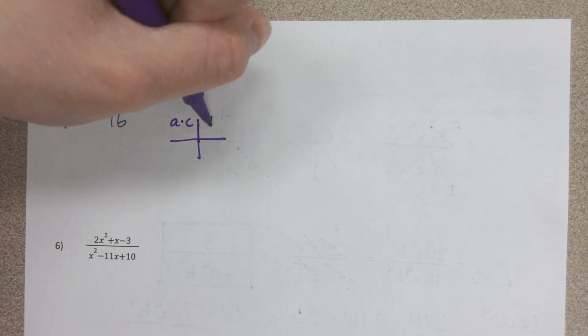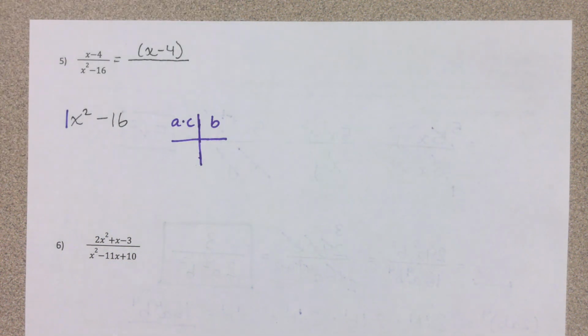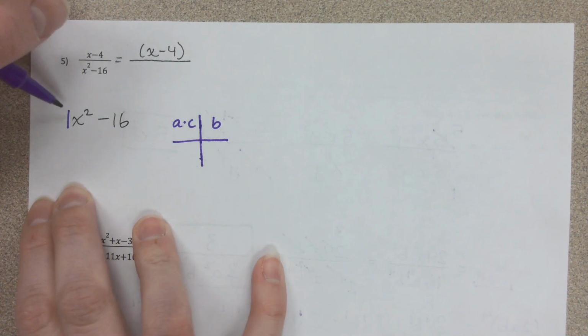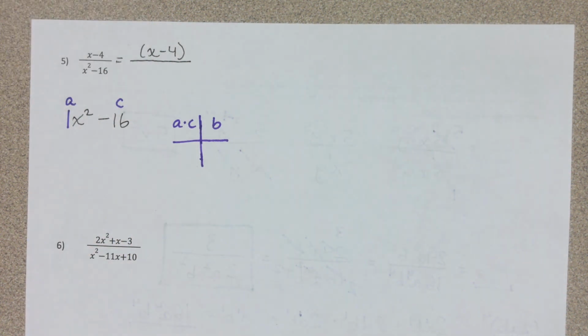A times C and then B. I am missing one term. Which one is it? A, B, or C? B. I'm missing B. A has the x squared, and then C at the end has no x on it. So the middle term with the x, the B term, it's missing. Since the B term is missing, what number is it? 0.